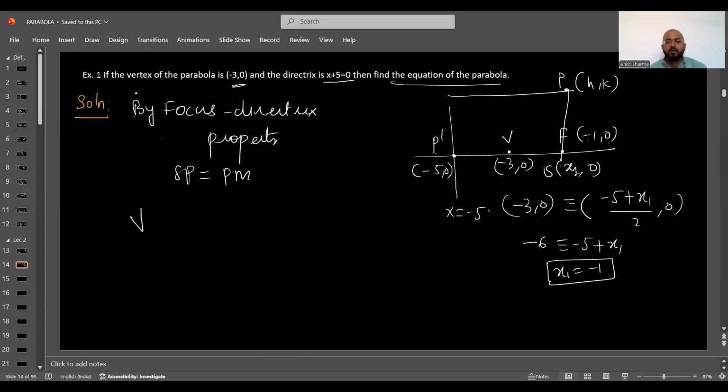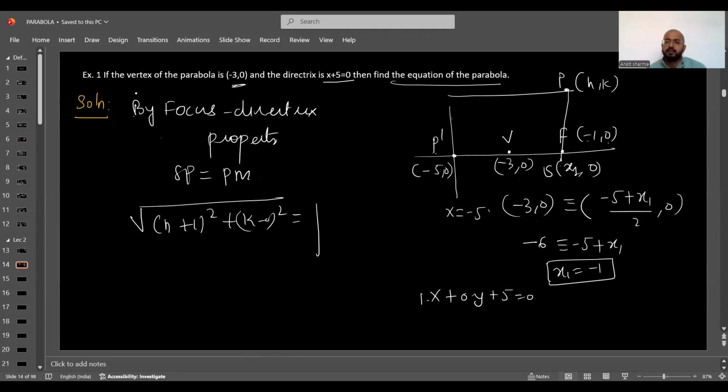So I'll have the square root of (h + 1)^2 + (k - 0)^2 equal to the distance of a point from a line. The line is x = -5. In fact, we can write this as 1·x + 0·y + 5 = 0.